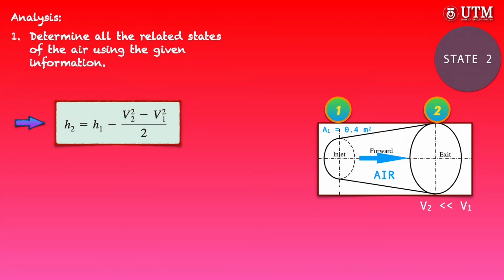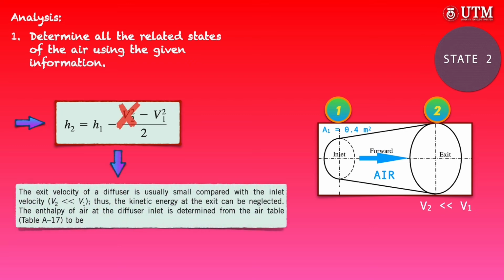Usually, the outlet velocity is small compared with the inlet velocity. Thus, the kinetic energy at the exit can be neglected. This example demonstrates another technique of determining the enthalpy of air using table A17.